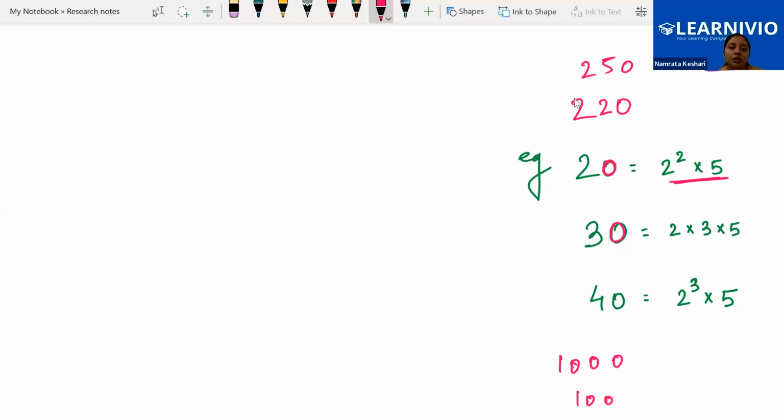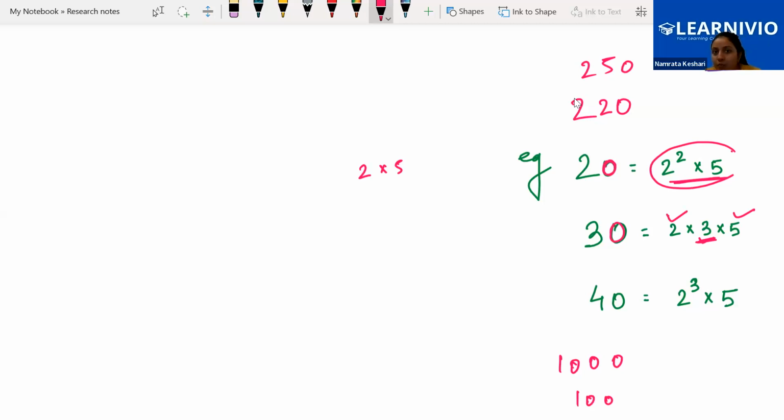If 2 and 5 are there, it will generate 0 as a last digit. Here 3 is also there, but that's fine. 2 and 5 have to be there. Then only will we be able to generate 0 as a last digit. Are you getting me?